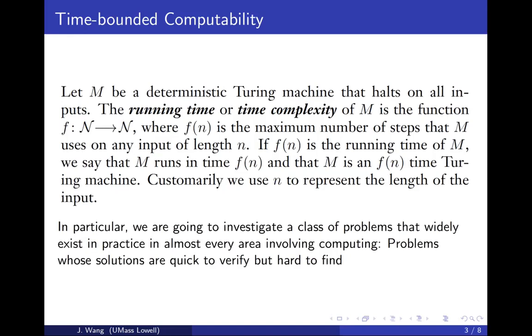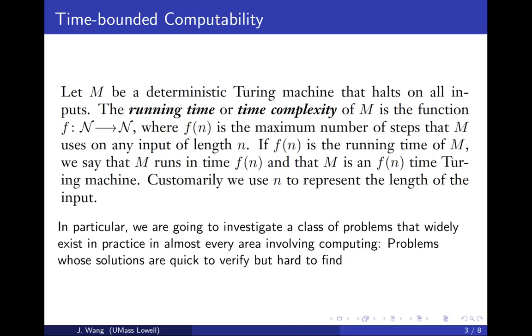So that is f, the time complexity, where f of n is the maximum number of steps that M uses on any input of length n to produce a result.